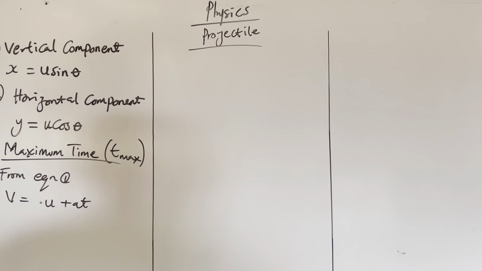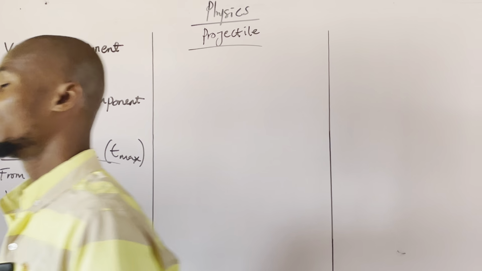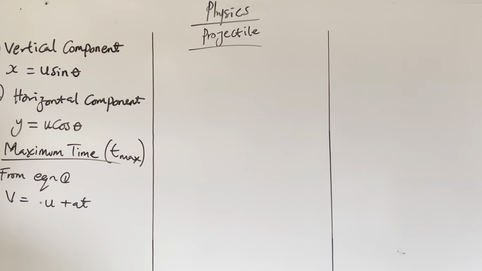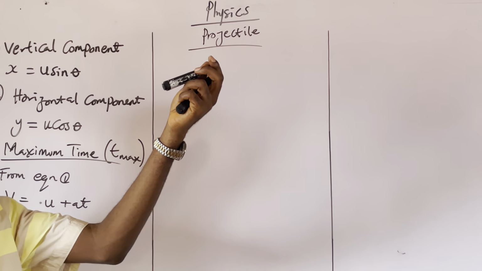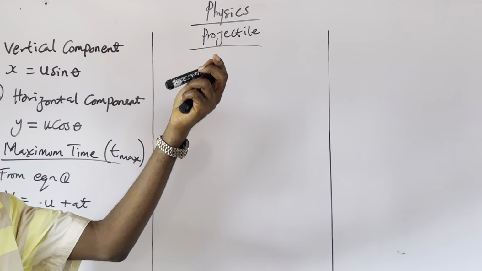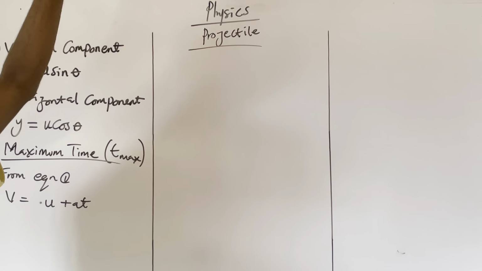Now, you know that our V here is equal to 0. Why? Because if you want to project something, the final velocity will be 0. If I should throw this thing up, that is initial, and by the time it reaches the top in the air, that is final, before it returns to the ground level.